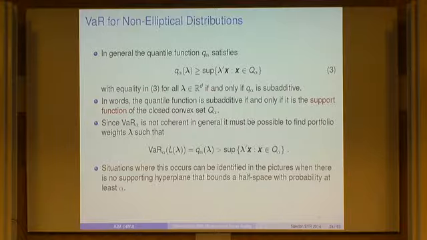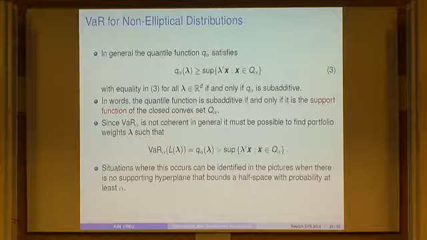So what we saw was, in general, this quantile function is bigger than the support function of the convex set. It's bigger than the worst case in the convex set. And you only have equality if you have a subadditive risk measure. So unfortunately, the set Q alpha doesn't give you an upper bound for value at risk.